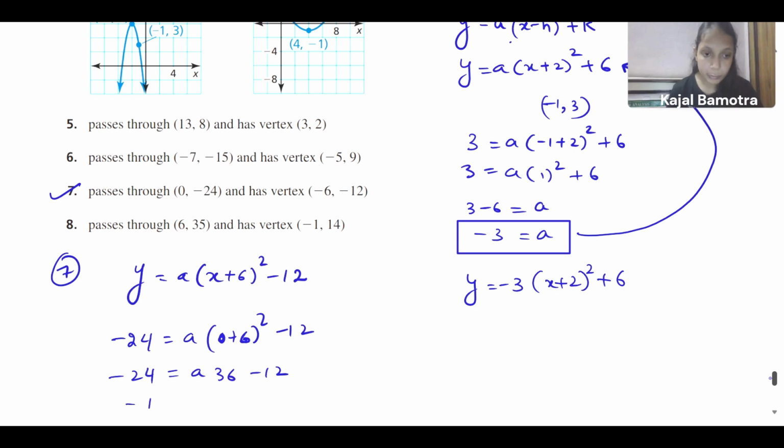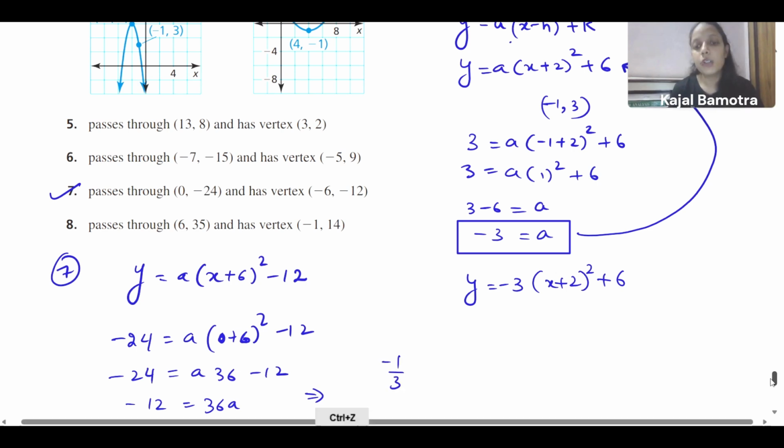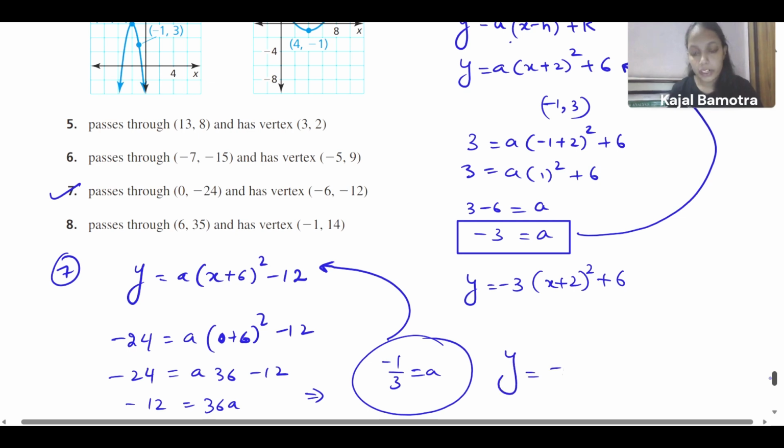Add 12. Negative 12 equals 36a. Divide by 36. Negative 1 by 3 equals a. So I got a value is negative 1 by 3. Substitute here. y equals negative 1 by 3 times (x plus 6) whole squared minus 12. This is the equation of the parabola.